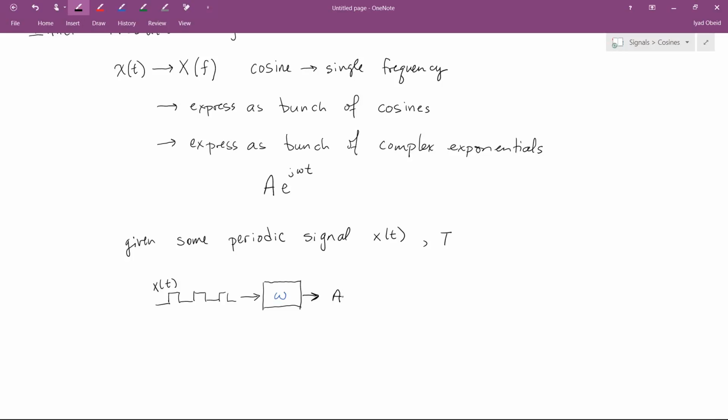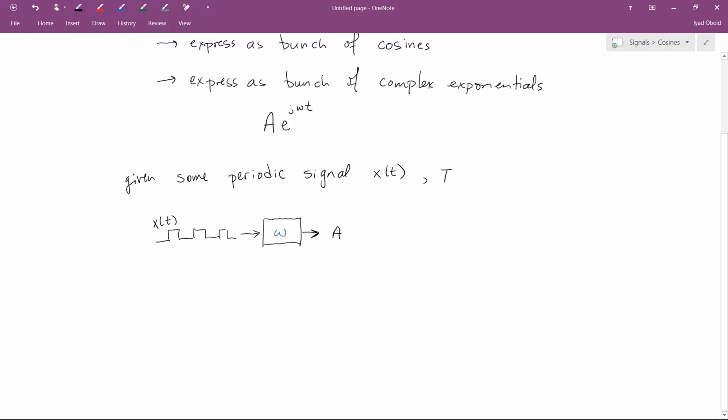Now, if there is no energy at frequency omega, our box will spit out a equals 0, and if there's a lot of energy at that frequency, then our box will spit out some value of a that has a large magnitude. So that's how I want you to conceptualize this: what we're doing is building a box that lets us say, is there any energy at this frequency?